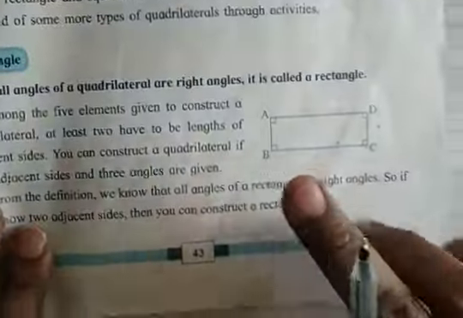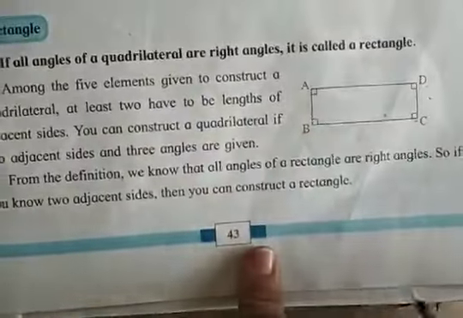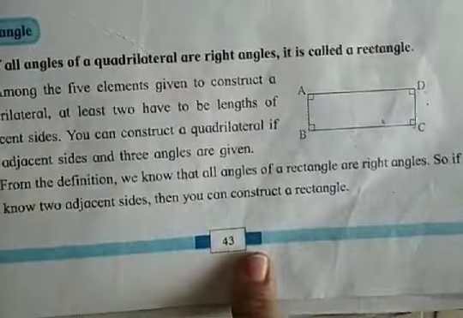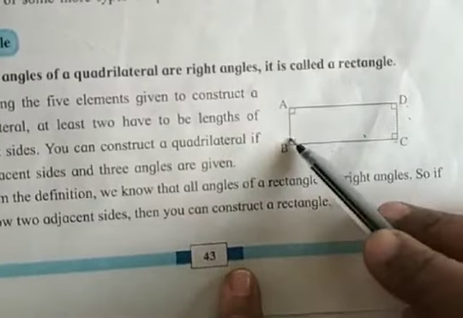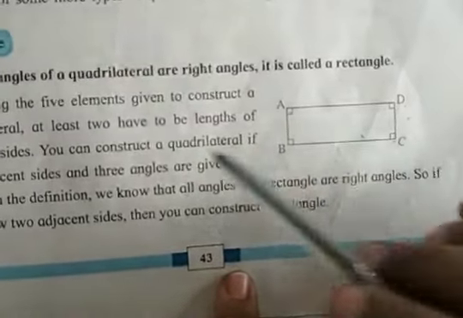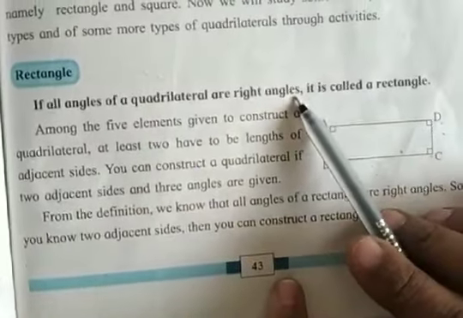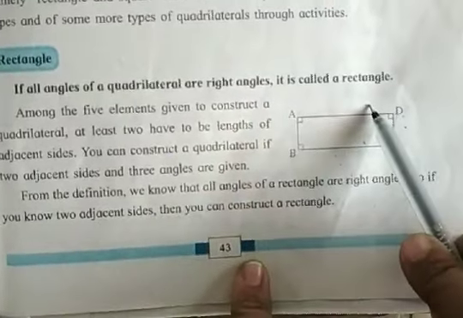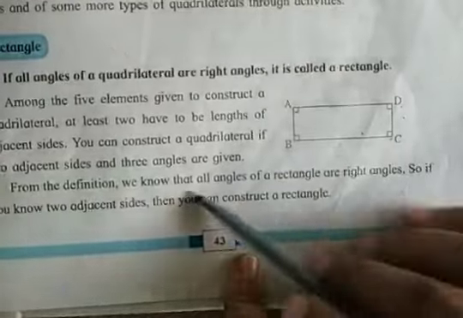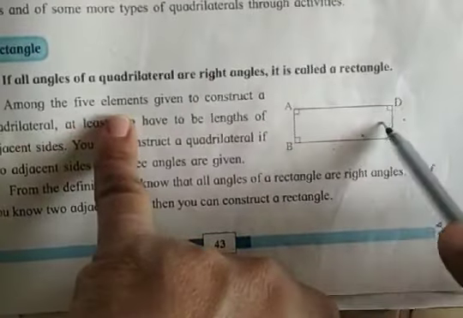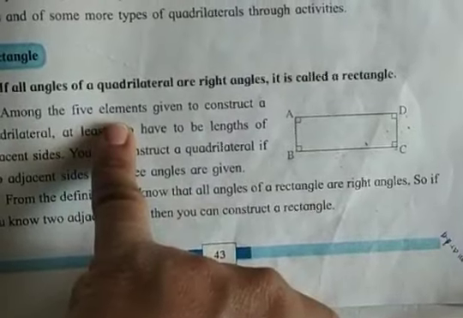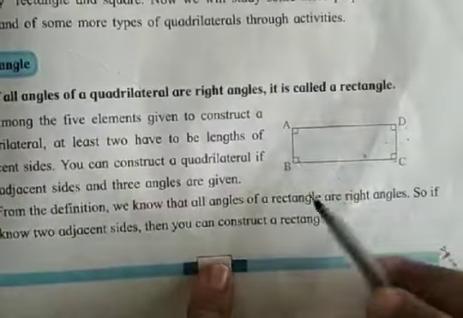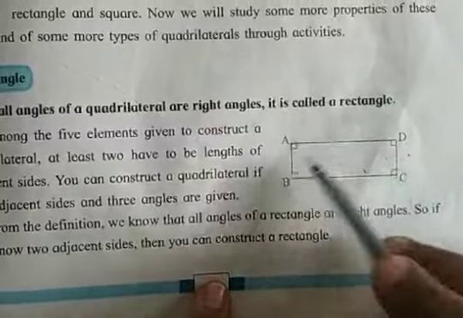That is the rectangle. You know that we have studied the properties of a rectangle in previous classes. Opposite sides are congruent, all angles are 90 degrees. If all angles of a quadrilateral are right angles, then it is called a rectangle. So among the 5 elements, all angles are given, and with this, the measures of opposite sides or angles are given.